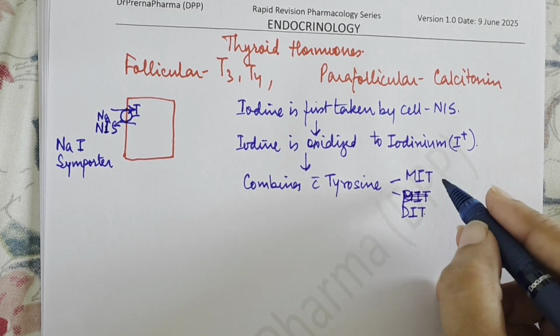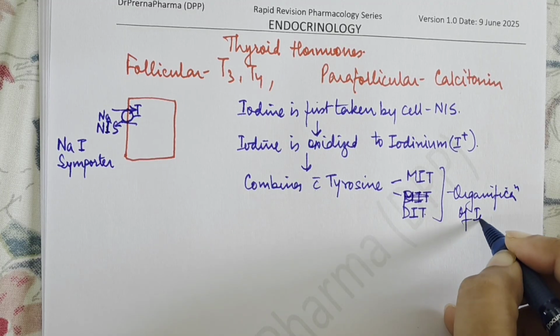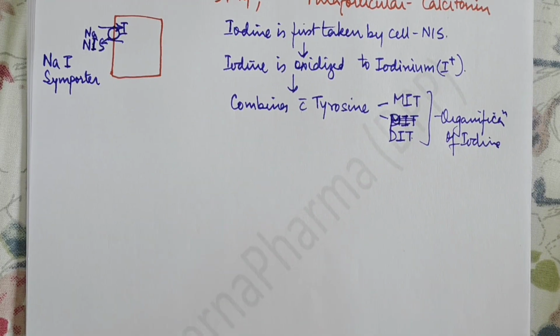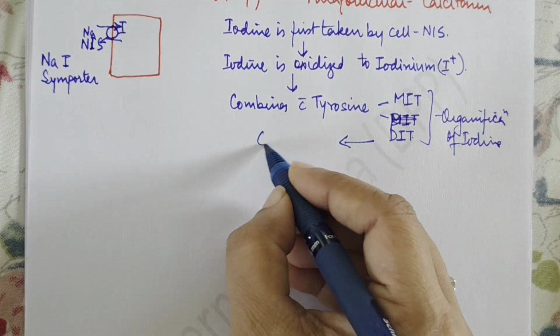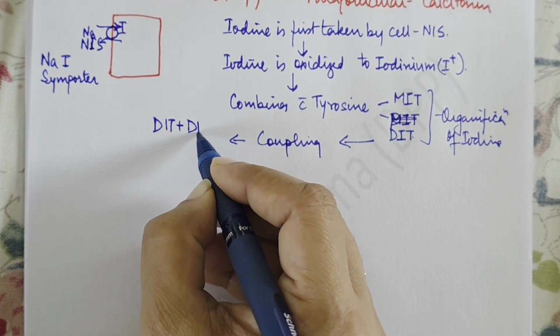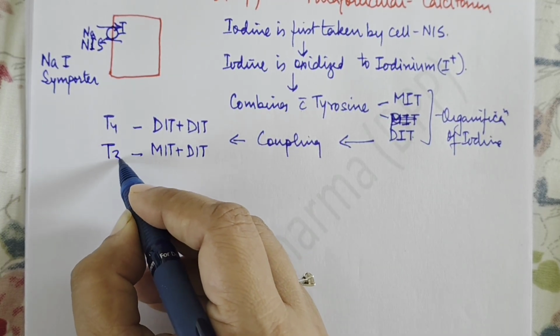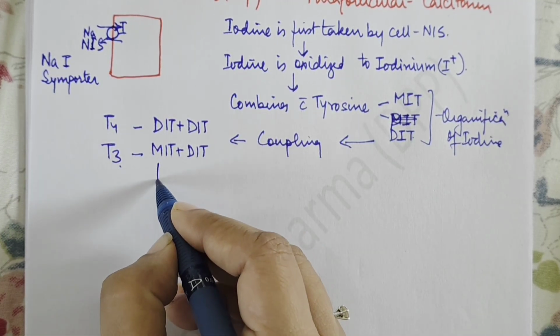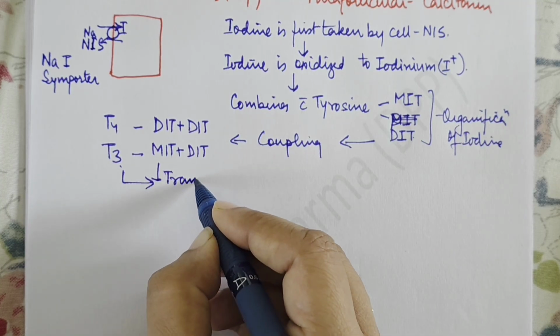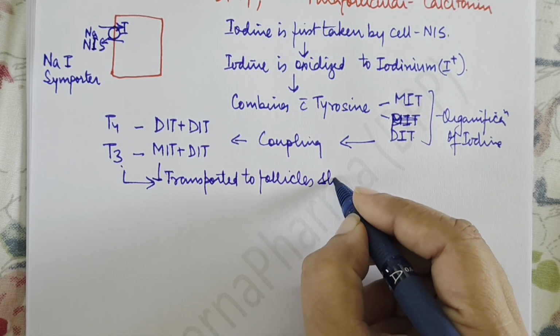Okay. Now this is called as organification of iodine. Now once this is done, after the organification, this monoiodotyrosine and diiodotyrosine, they undergo coupling. Coupling में क्या होता है? DIT plus DIT becomes T4 and MIT plus DIT becomes T3. Okay. Now this particular thing is then transported to the center of the follicles and it is stored as colloid.